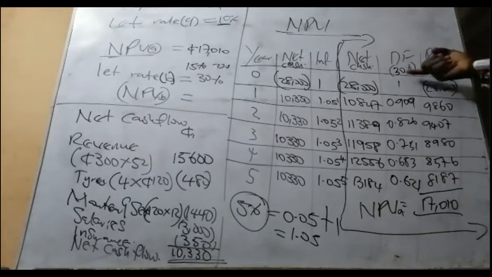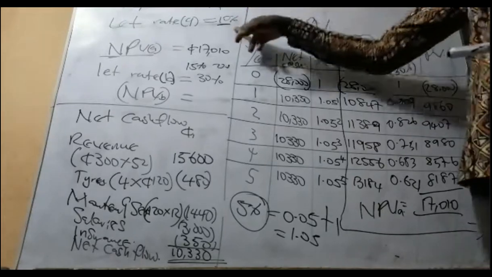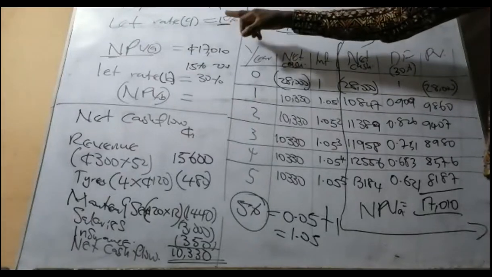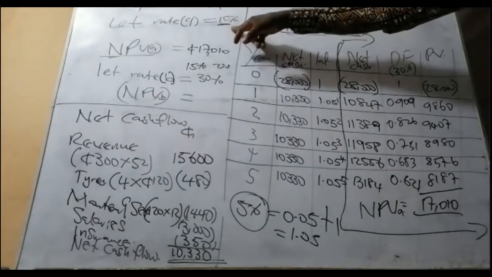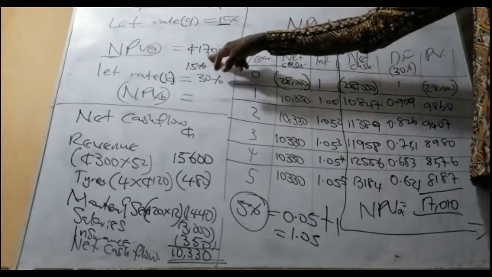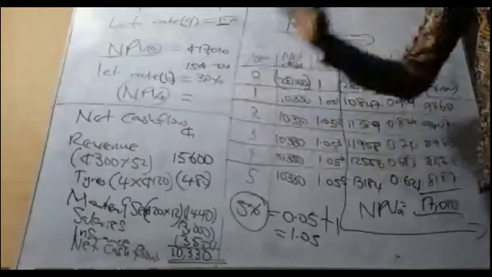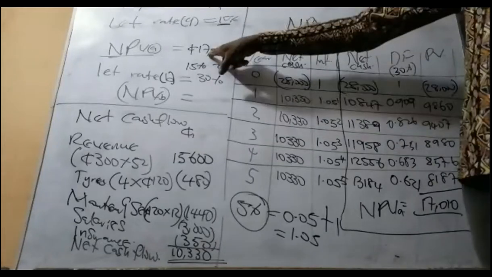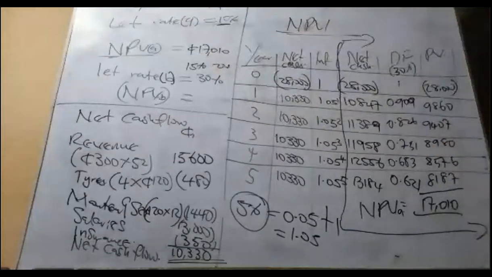You can use 20%, you can use 15%. Make sure it is higher than 10%. If you choose somewhere, let's say 11, 12, 13, maybe 20, the NPV might still be positive. You are not wrong. It still gives you the same answer. Just that the NPV will reduce. Good. So that is it.